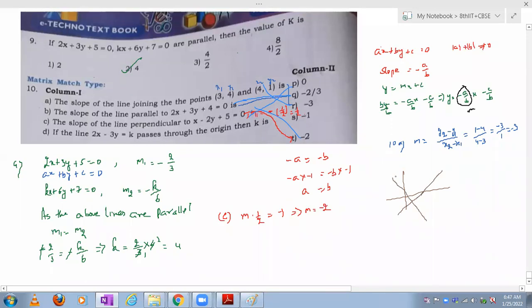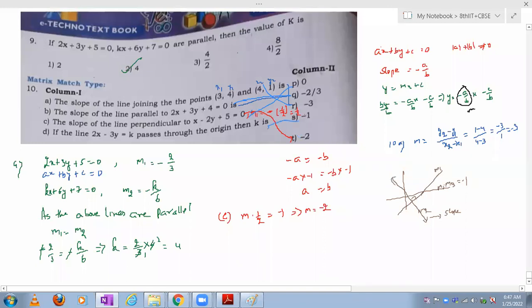He is asking the slope of this line. So this is m1, this is m2, the product of their slopes is minus 1 if they are perpendicular to each other. Got it? Yes, sir.